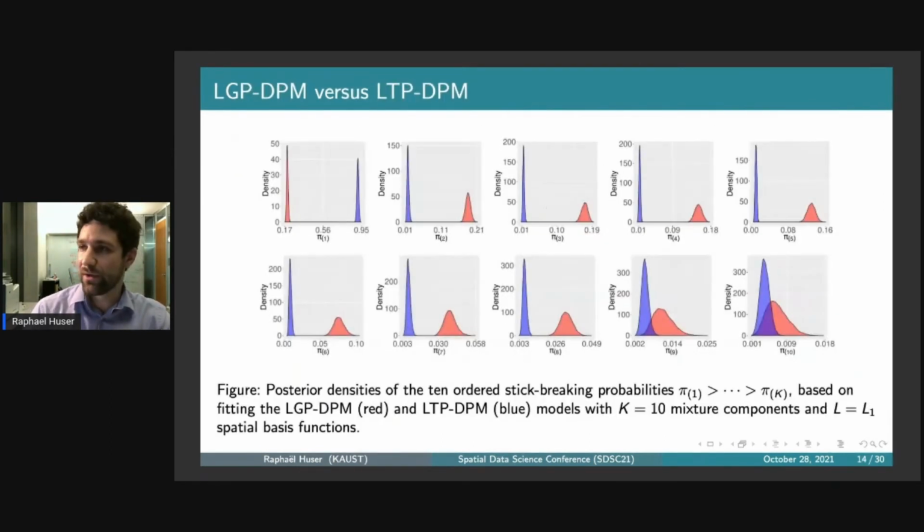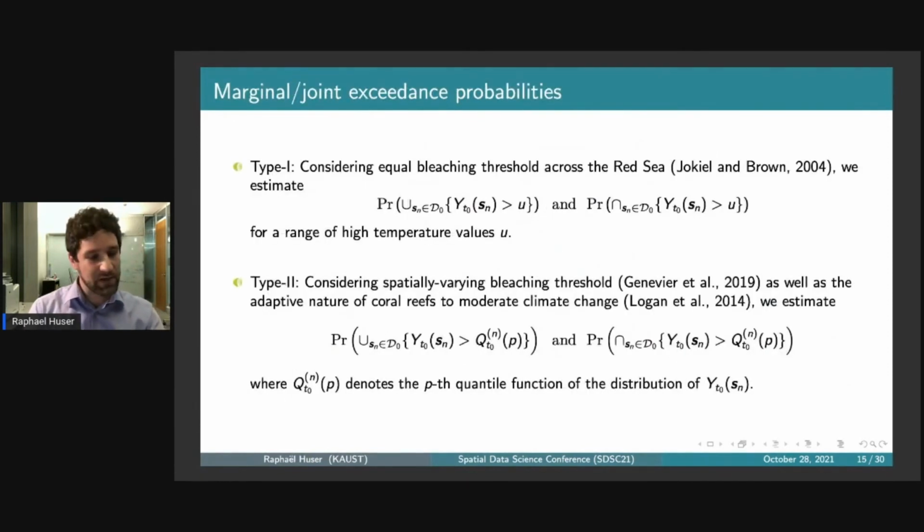Once we have this, we can draw inference. Let me describe the probabilities that we compute from the model.